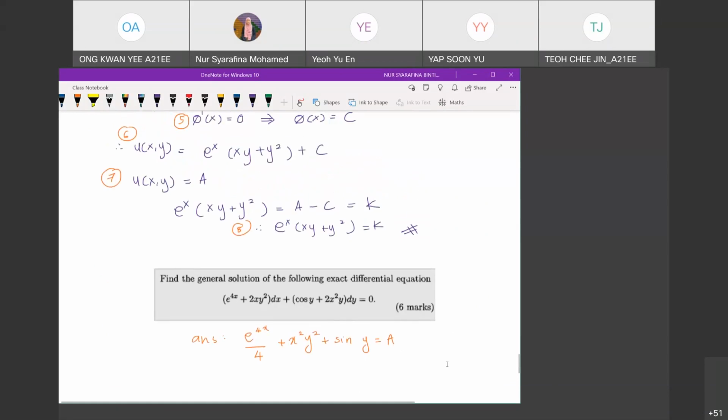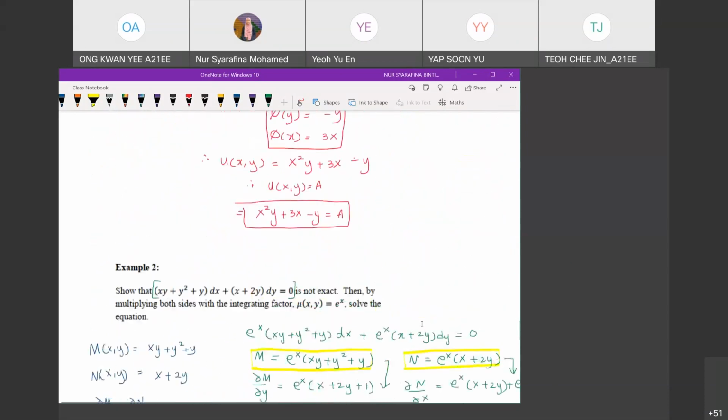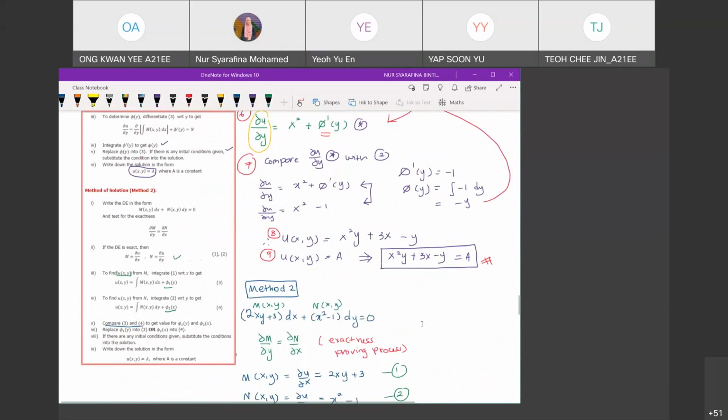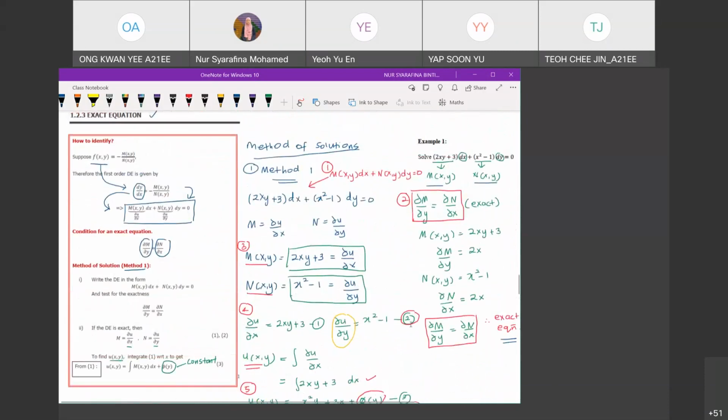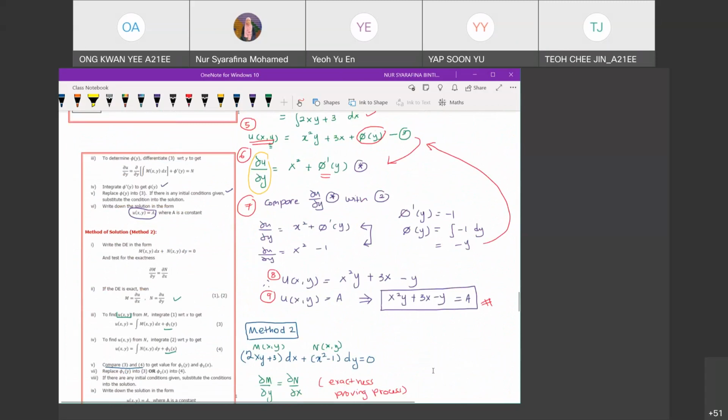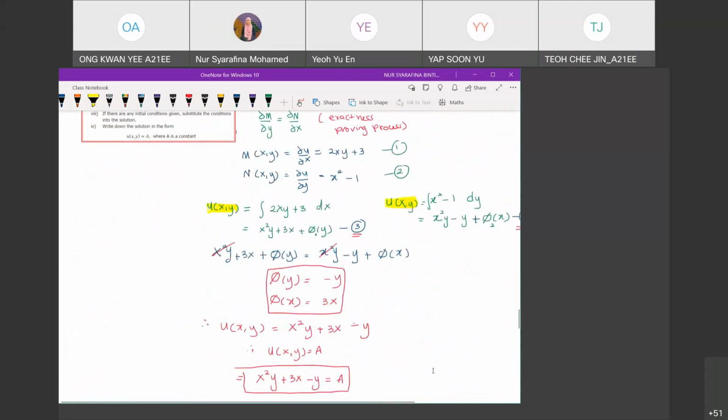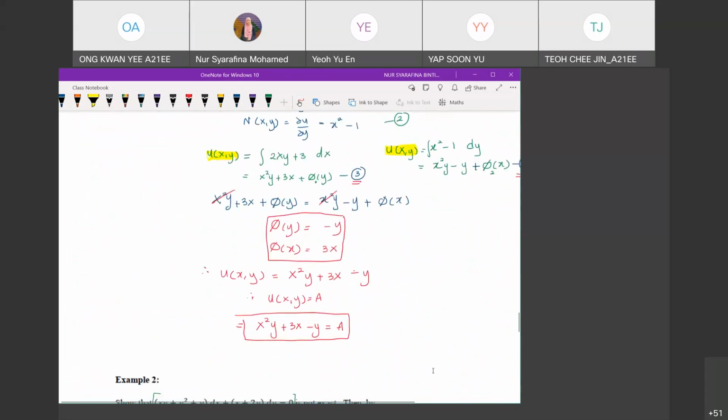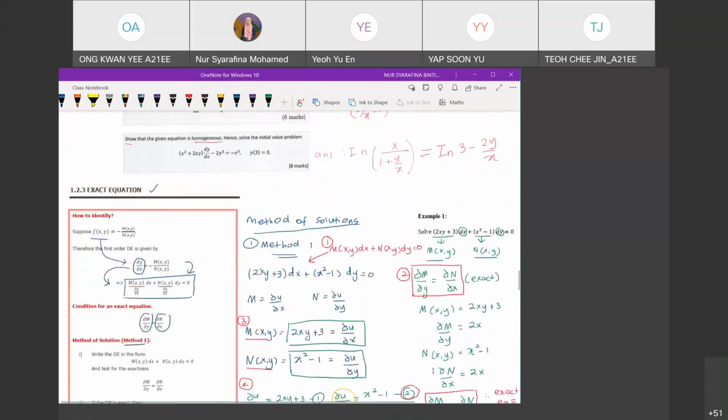Okay. Done. Then I'm going to display this method, so for you to refer to this. It's quite long, right?